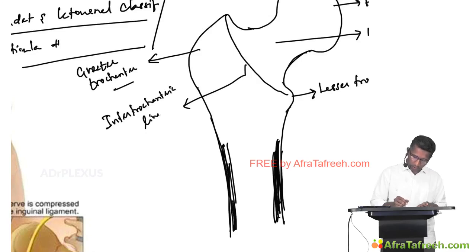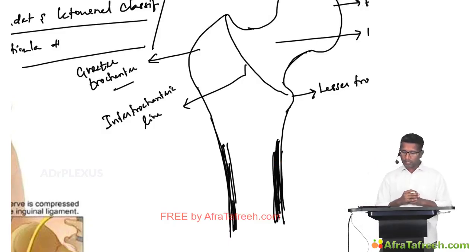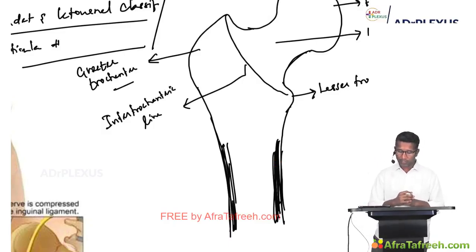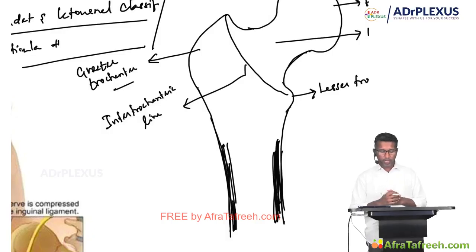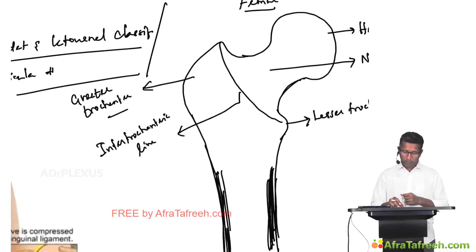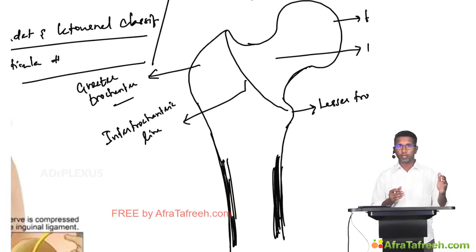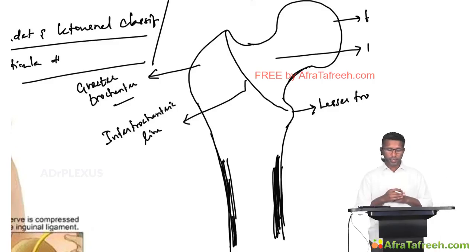Can anybody tell me what is attached to the intertrochanteric line? You are seeing the anterior view of the femur, with a line running between the greater trochanter and the lesser trochanter. Very good, Anashwara.